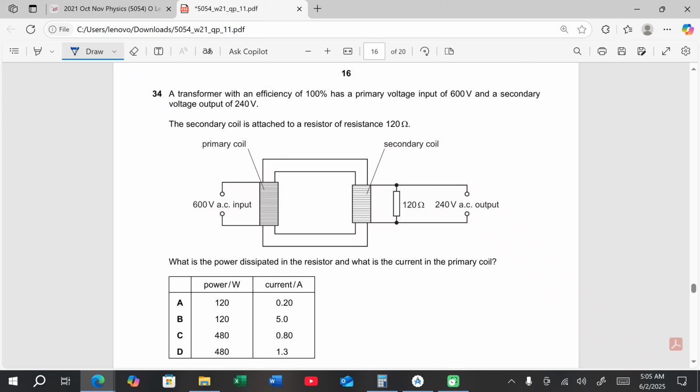Now we need to check the current. Since power P equals VI, power is 480 and voltage is 600, so I equals 480 over 600, which is 0.8. So C is your answer.